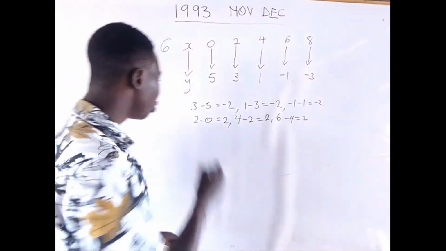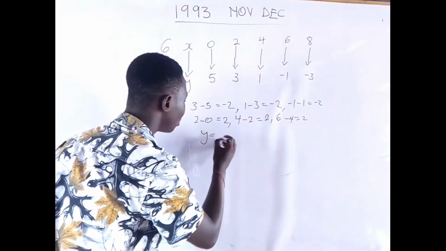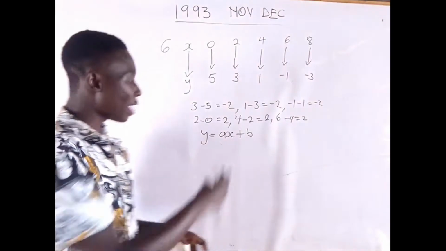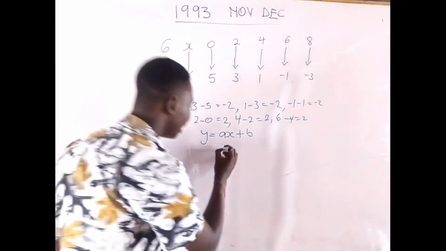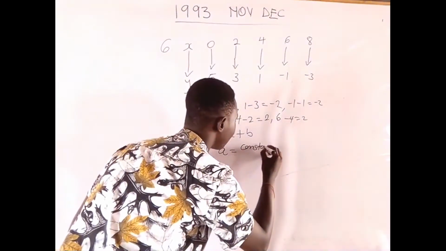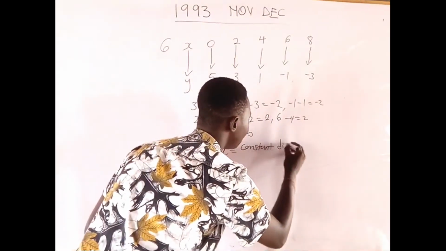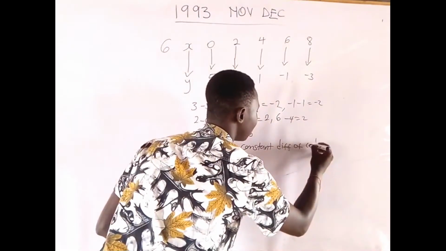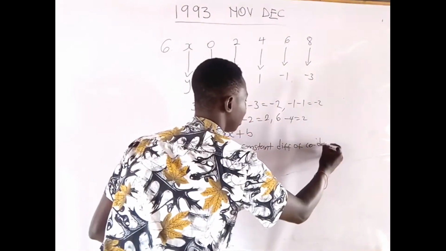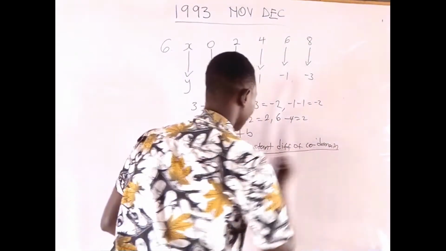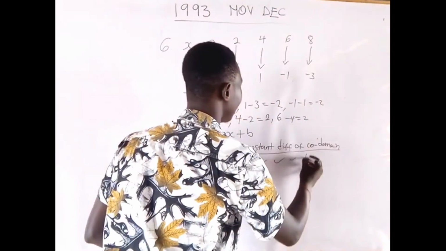So we are going to use y is equal to ax plus b, where a here is equal to the constant difference of codomain over the constant difference of domain.